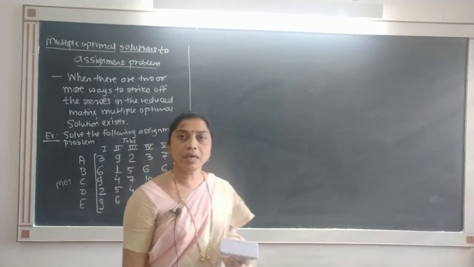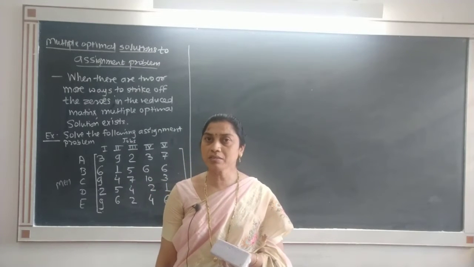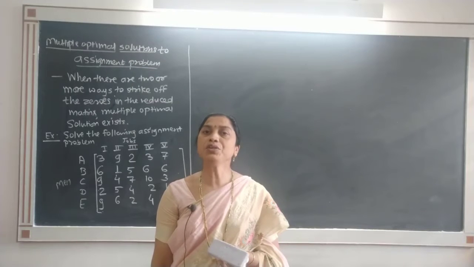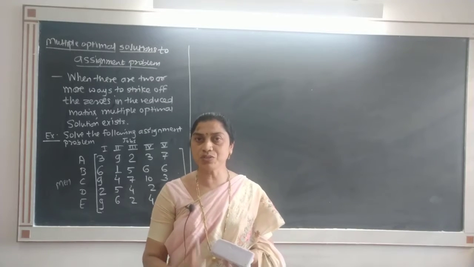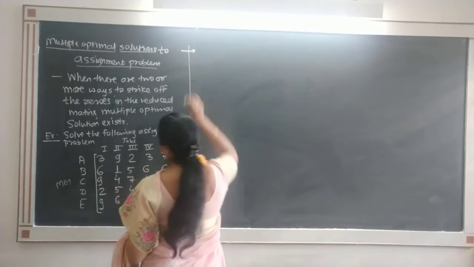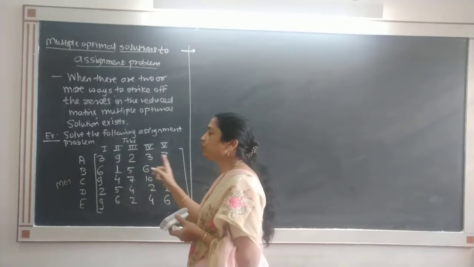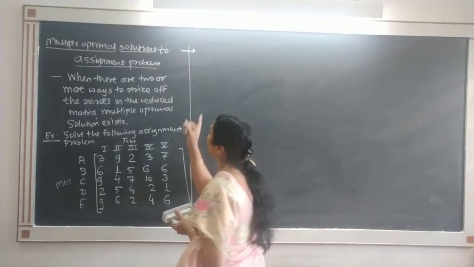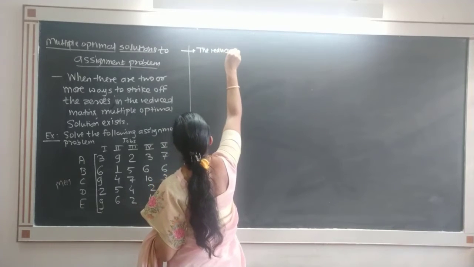So, by Hungarian method, we will firstly reduce the matrix such that each row and each column contains at least one zero. For that, we subtract the smallest entry from every row. So what is the first reduced matrix?